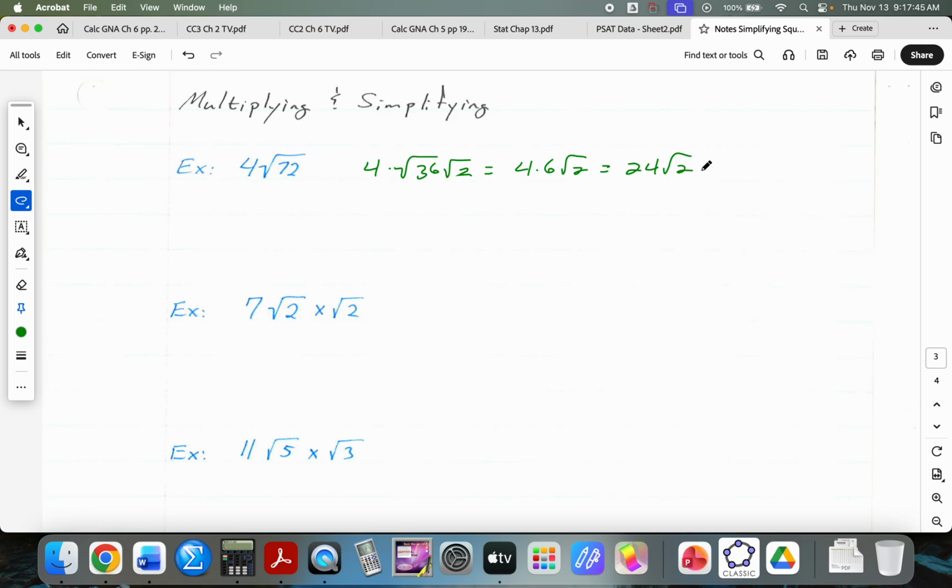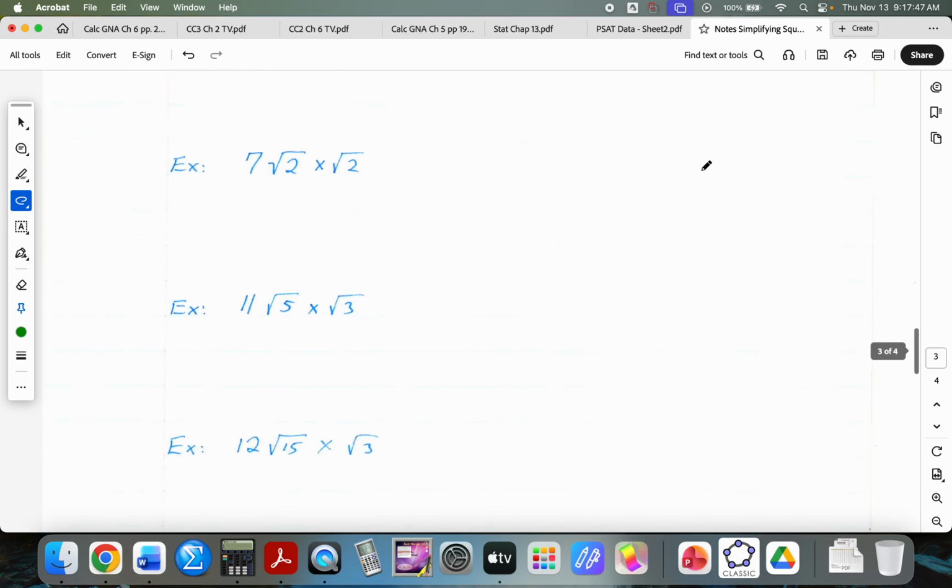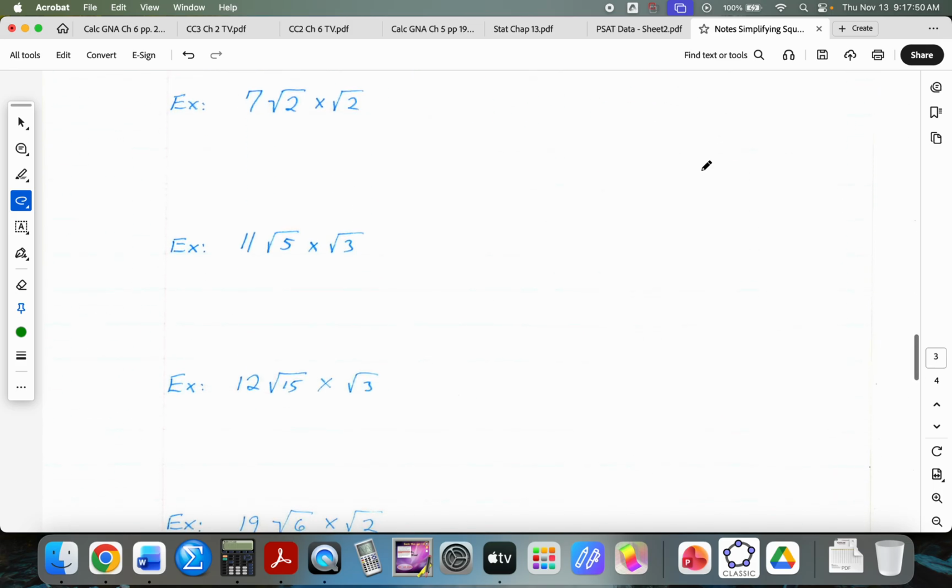What you will be doing a lot are problems like these next several. The first one and the second one are really simple. After that, it gets a little bit harder. But here, what we're going to do is kind of group these square roots of 2 together. Because what's the square root of 2 times the square root of 2? 2.